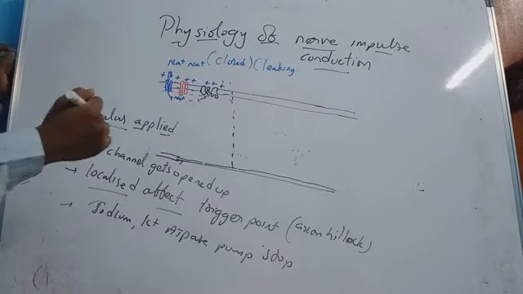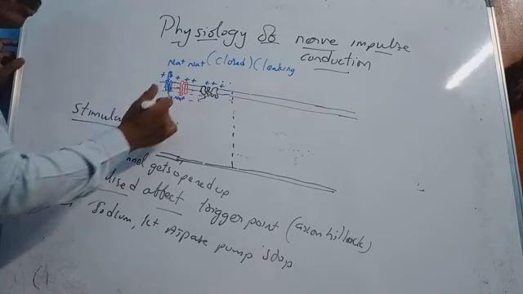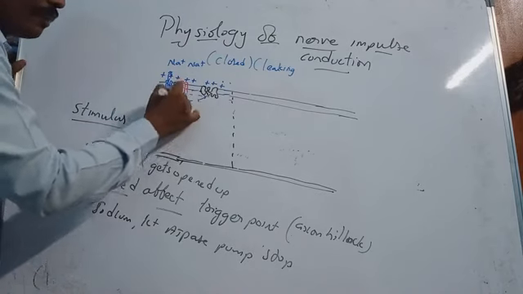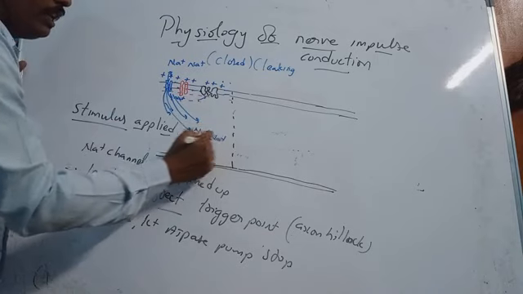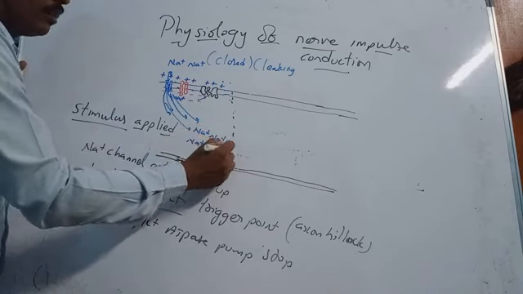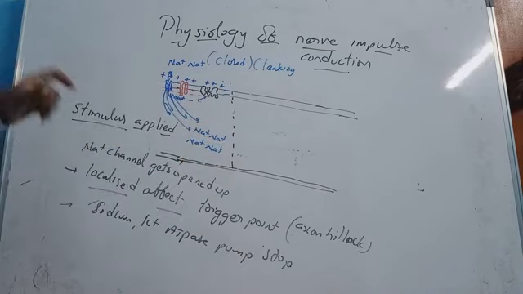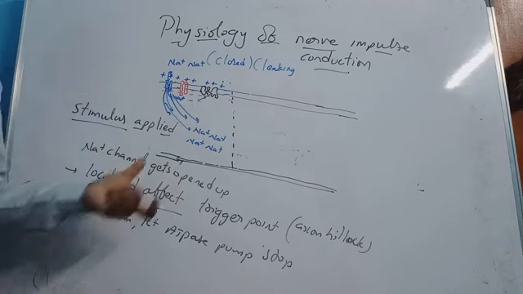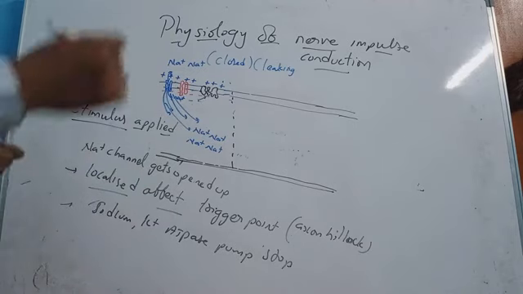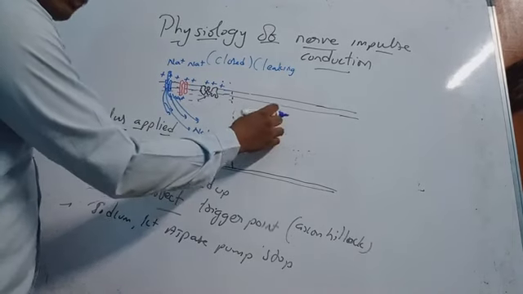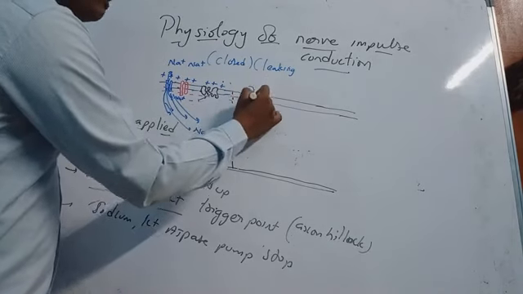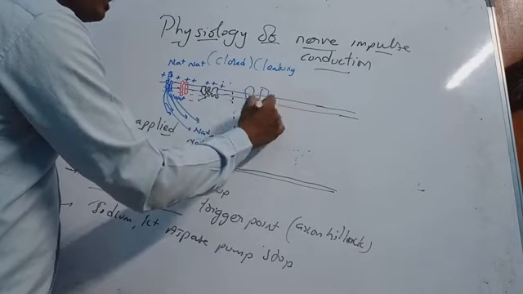Now the main point is, as the sodium channels are opened up, there is rapid influx of sodium ions. Sodium ions will continuously get an influx because of the opening of the sodium ion channels due to the stimulus. Now because of the rapid influx, I'll draw here. The sodium ion channel has been opened up.